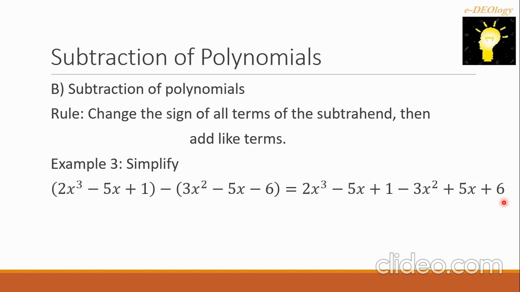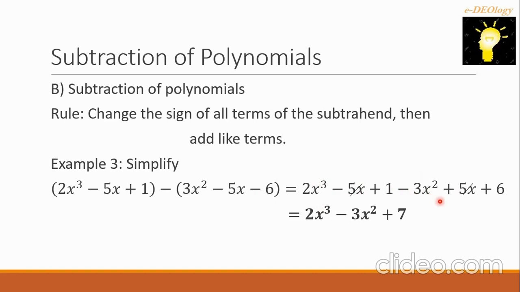And then we will collect and combine like terms. The highest power here is the cube. It seems there is no other variable with cube, so only this one, the 2x cubed. We will simply copy this. And followed by this negative 3x squared, there's no other term with a variable x squared.